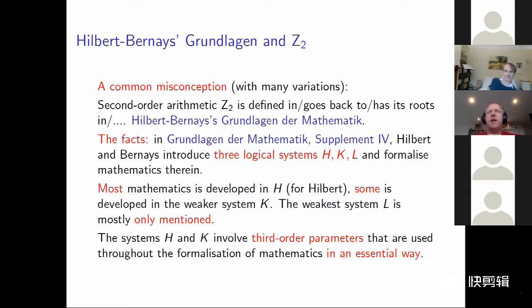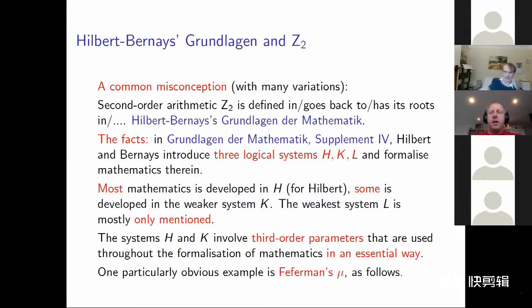And H and K, the main systems, involve third order parameters that are used in an essential way. In previous systems with Ackermann, Hilbert worked at fourth order or something. Now they're working at second order with third order parameters, but the third order parameters are essential.